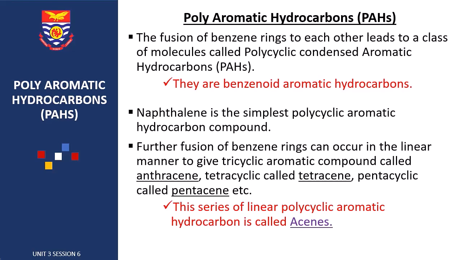So we have three benzene groups being fused together to form polycyclic hydrocarbons, or you can have two forming polycyclic hydrocarbons. You can have 3, 4, you can have 5, you can have 6. And now the series of these linear polycyclic aromatic hydrocarbons are known as acenes, right?